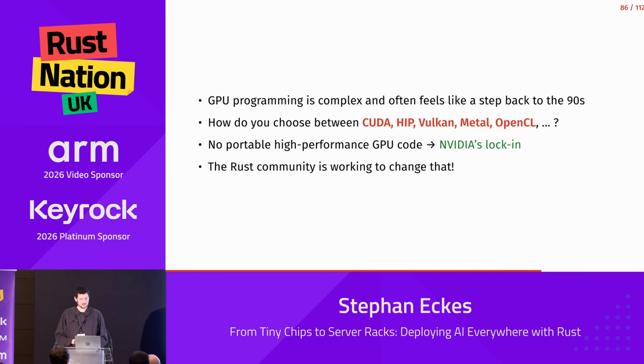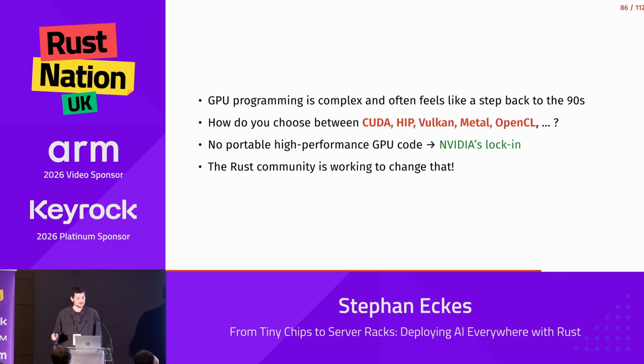What is best for you? It's very hard to find portable, high-performance GPU code that just runs everywhere. And this is, I think, also generating this NVIDIA lock-in, because people just stick to CUDA and rather buy super expensive NVIDIA hardware instead of going somewhere else, because it would be more expensive to build the code from scratch.